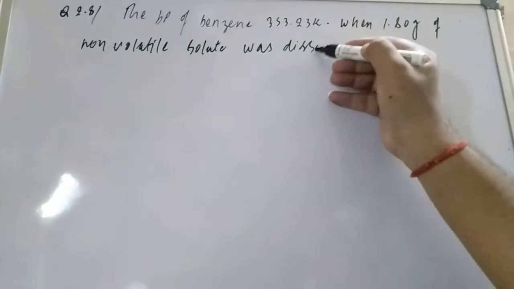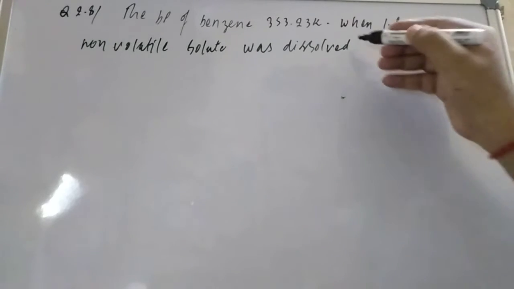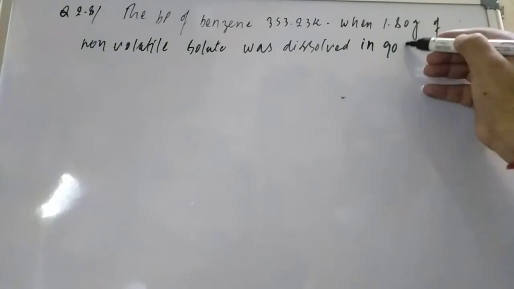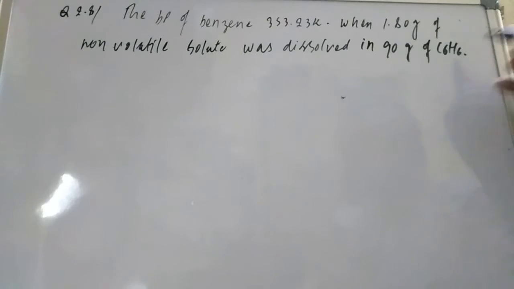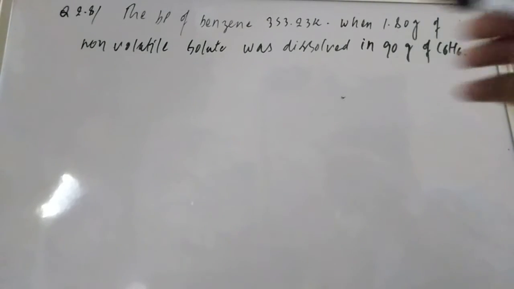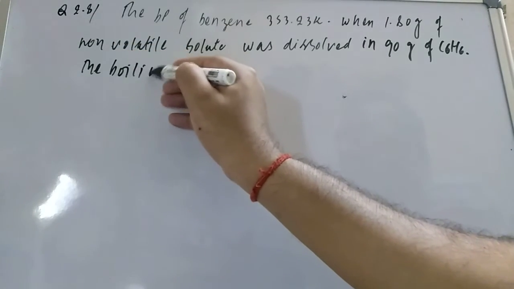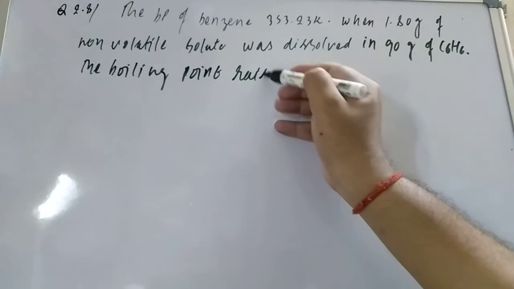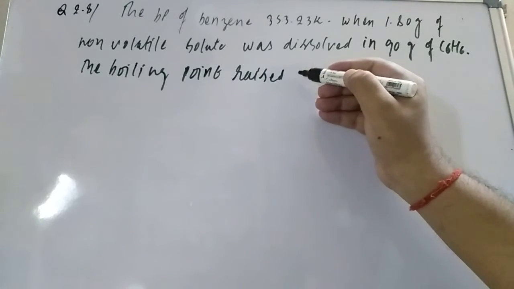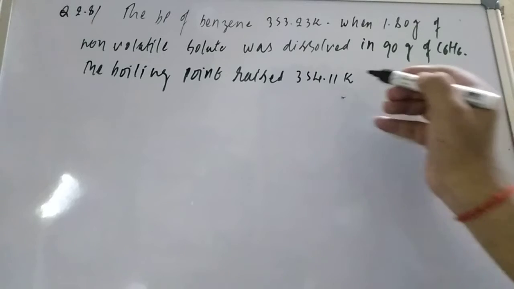Okay, so what is happening, student? In 90 gram of benzene, C6H6. Now the boiling point is raised. How much student? The boiling point is raised to 354.11 Kelvin.